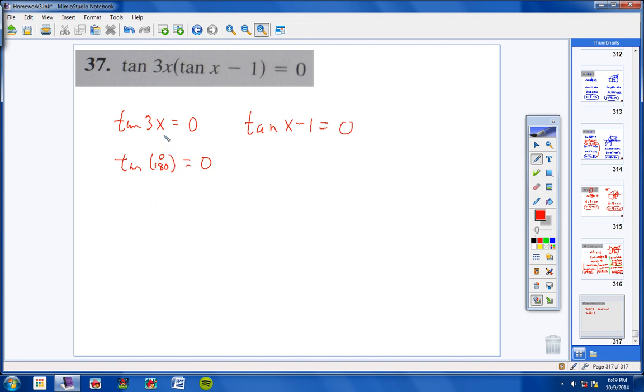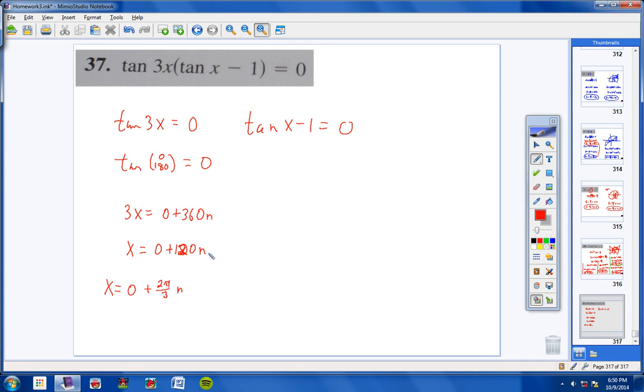So really what we have here is 3x equals 0 plus 360n, sorry about that, divide everything by 3, and x equals 0 plus 120n, and so your answer would be x equals 0 radians plus 2 pi over 3 for 120, so 2 pi over 3 n.